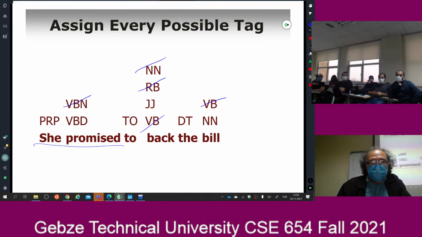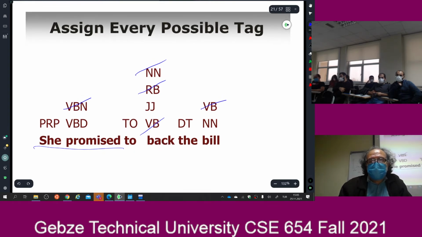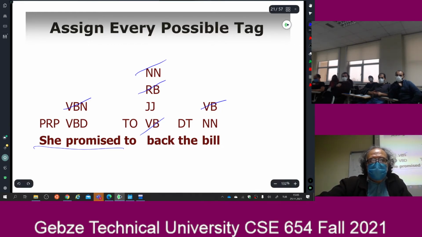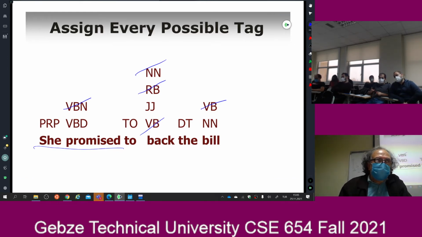So I'm going to eliminate that one. If I see a "to" before the "back", just eliminate these 3. And if I see a "the" before the "bill", then eliminate the verb option. Well, I just simplified these rules, but these rules are like that.